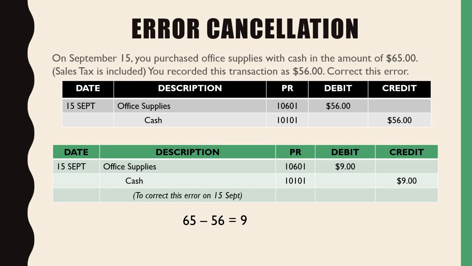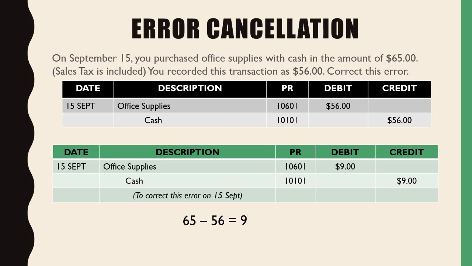So I need to add $9 more to that account, and I also need to subtract $9 more from my cash because I don't have the difference. I don't have whatever 5 plus 9 is, $14. I don't have $14 in my pocket. I only have 5. So in this case, that's how you can understand that.